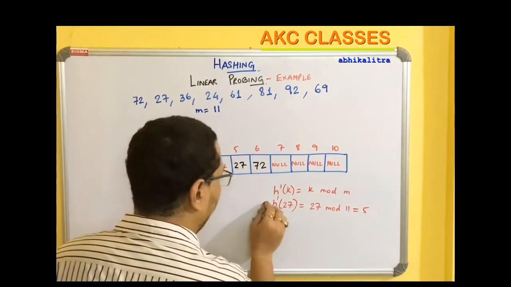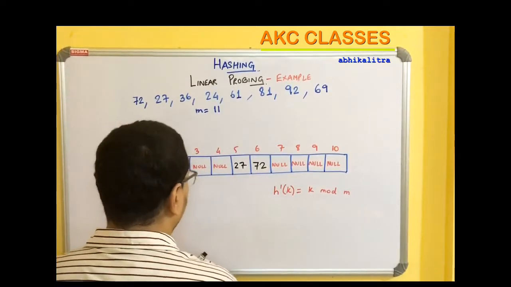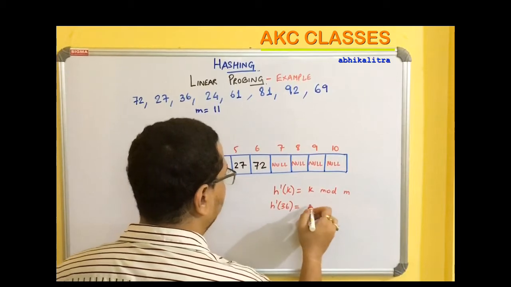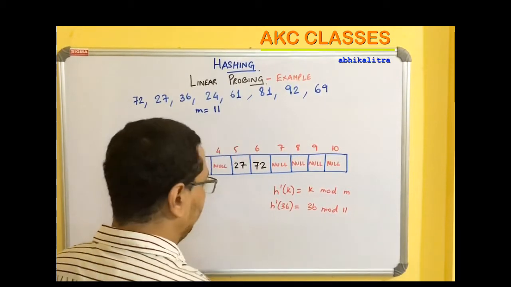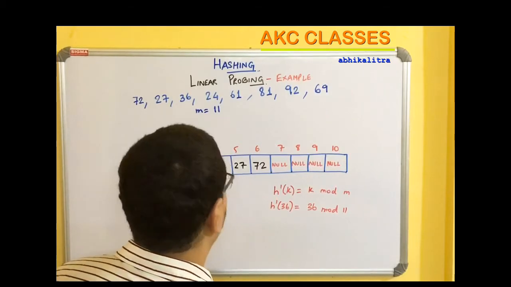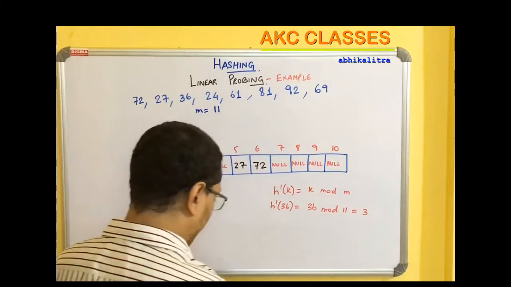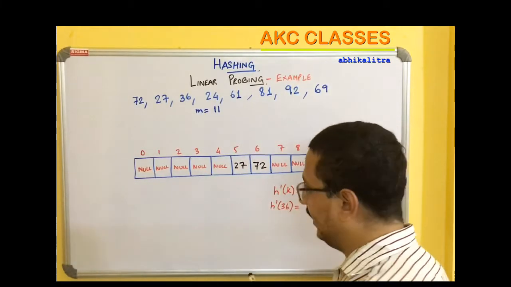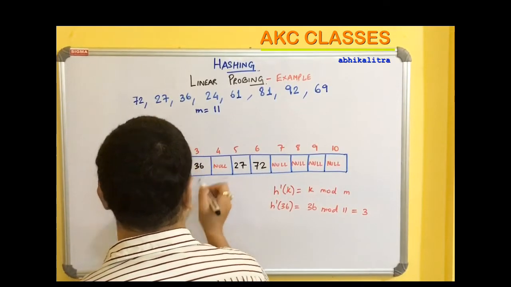Now we move on to the 3rd key value, which is 36. So h prime of 36 equals 36 mod 11, which is 3. We move on to the 3rd location of the hash table, which is empty, so we'll put 36.